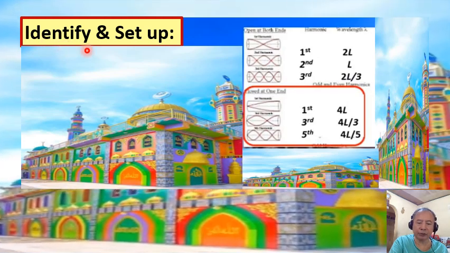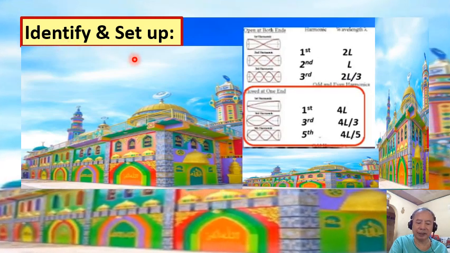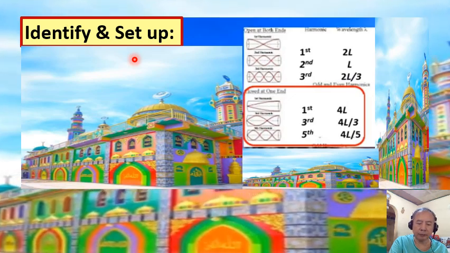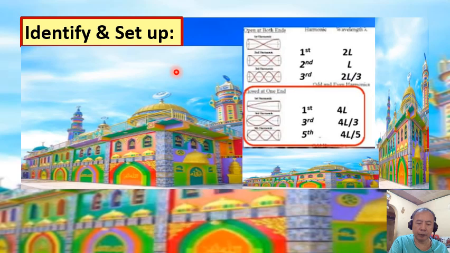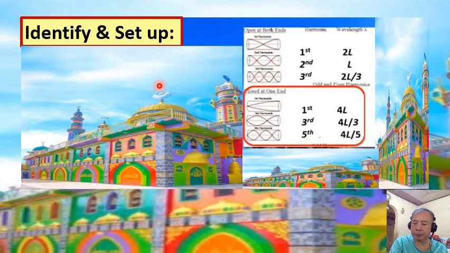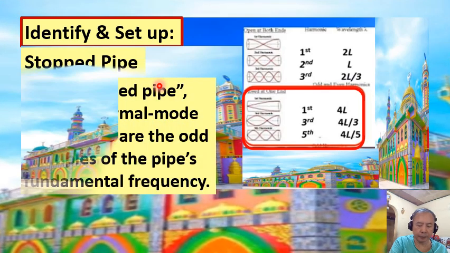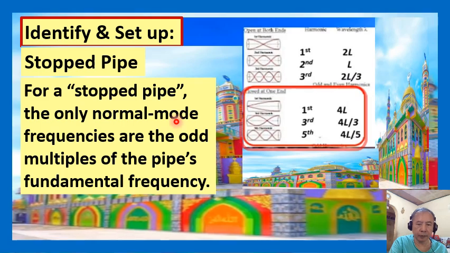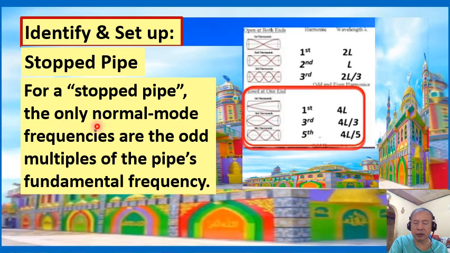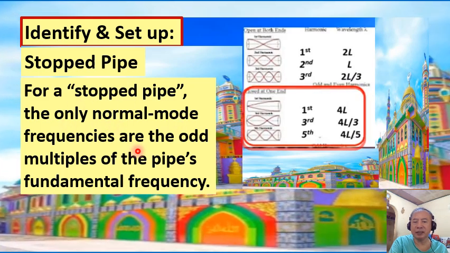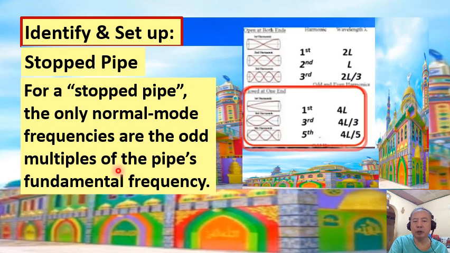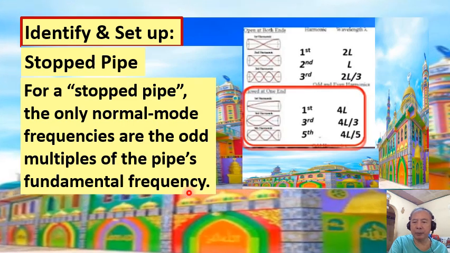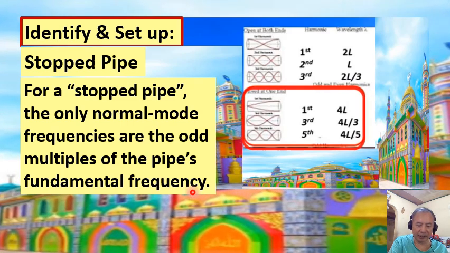Recalling our past lesson on resonance of standing waves in stop and open pipes, for a stop pipe, the only normal mode frequencies are the odd multiples of the pipe's fundamental frequency.